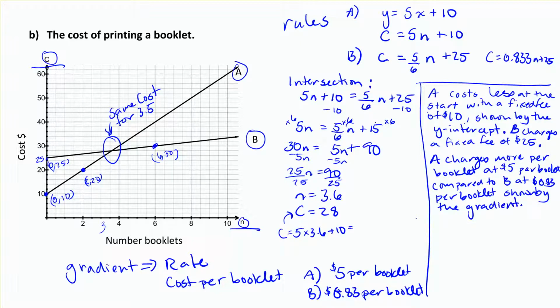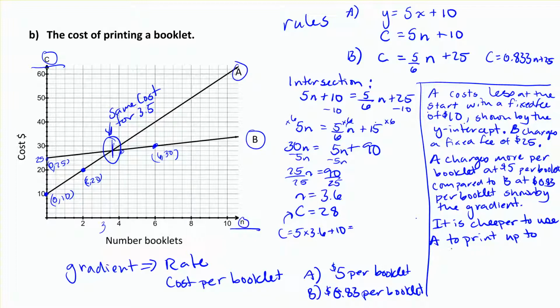So the intersection, how I would talk about that is that it is cheaper to use A to print up to the intersection, which happens at 3.6. So is it cheaper to print 4 booklets if we were to round it? Well, it's not. B is now cheaper. But because this is in between the number of booklets, we'd round it down to the nearest booklet.